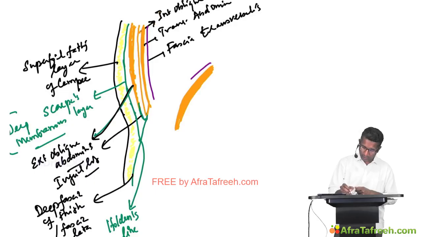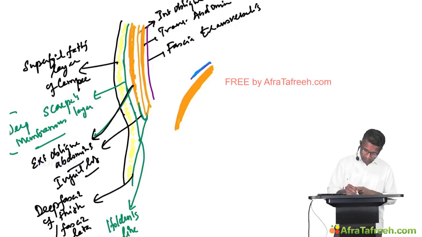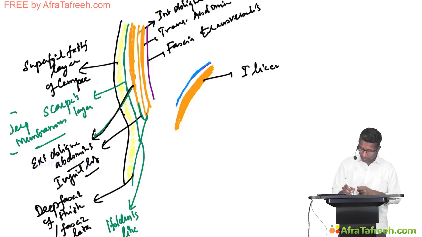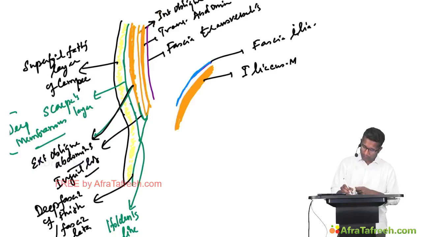I will use a different color. So what is this muscle called, guys? This muscle which you see here is the iliacus muscle, and the fascia covering the iliacus muscle is called fascia iliaca.